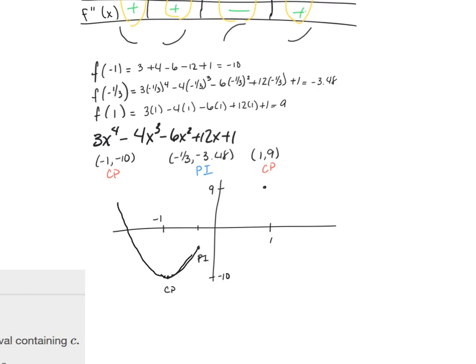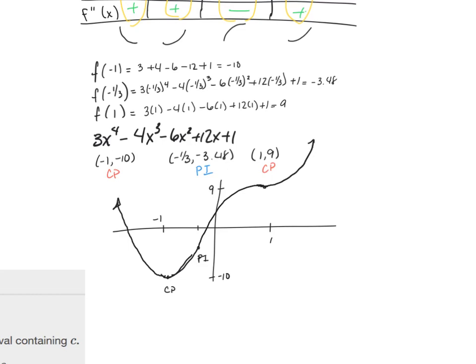Concave up and increasing. At negative 1/3, negative 3.48, I am concave down and decreasing. At 1, 9, I have a horizontal slide and I keep moving up.